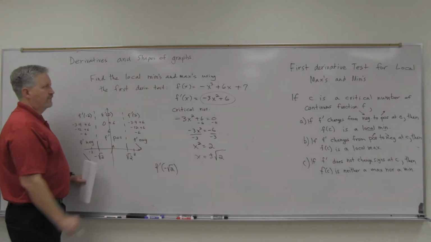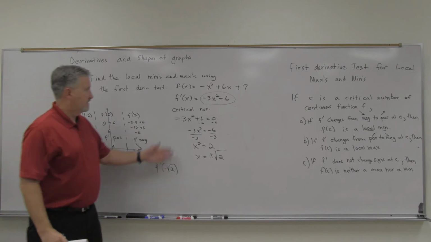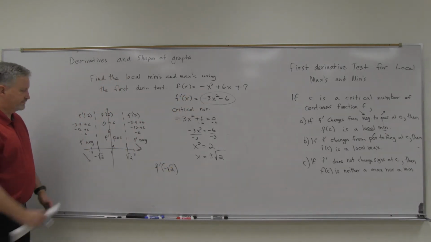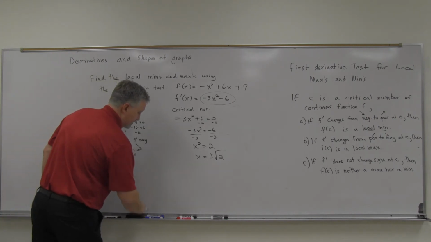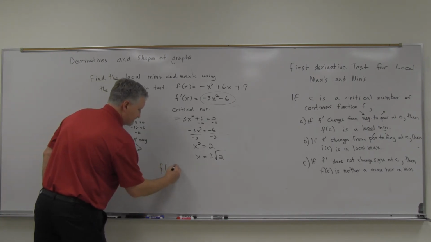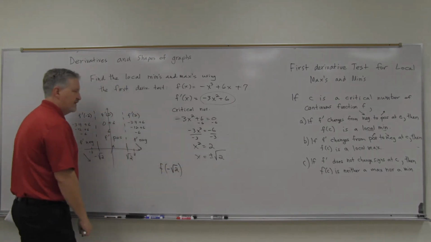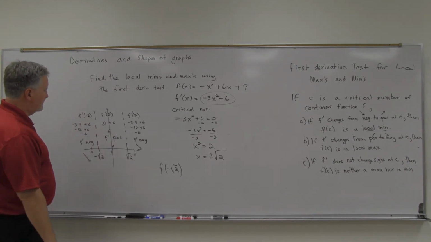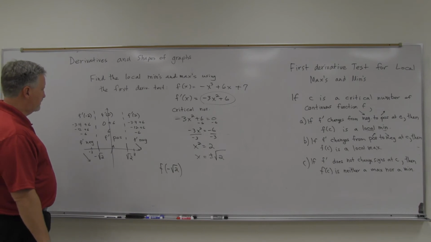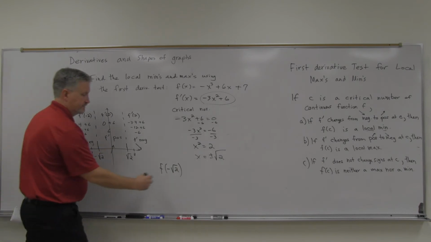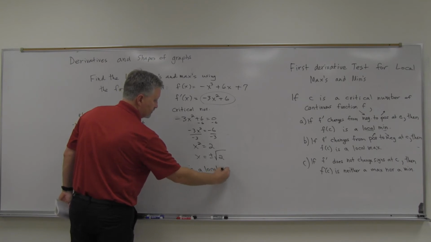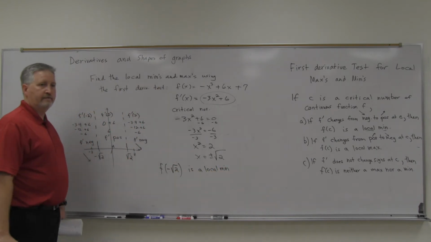And if you wanted to figure out what value that is, plug it in. But I'm just going to say the function value at negative square root of 2, whatever that is, it's a minimum. Okay?